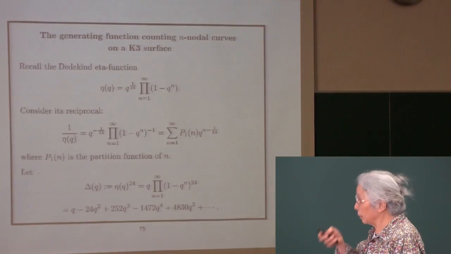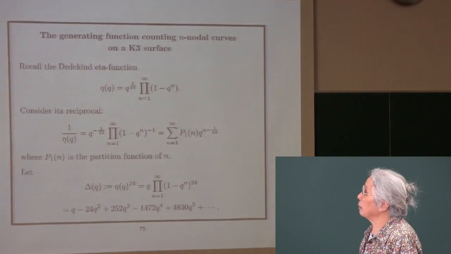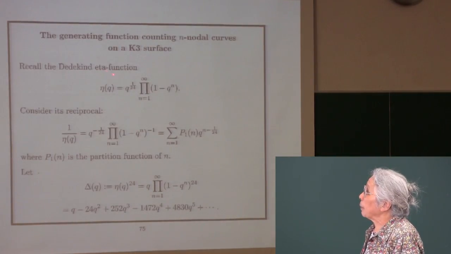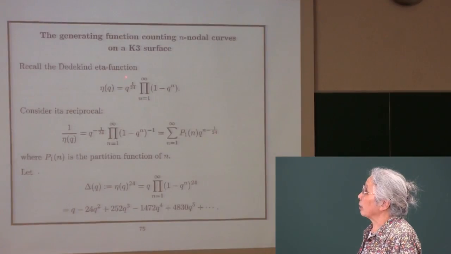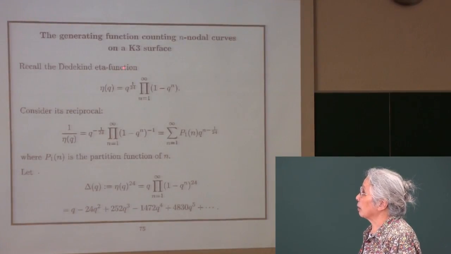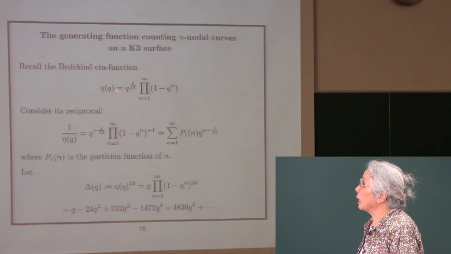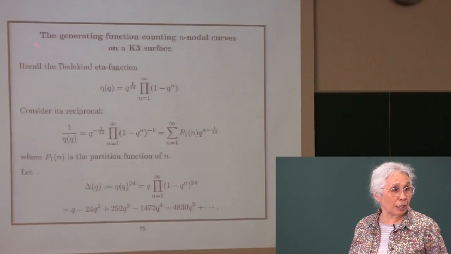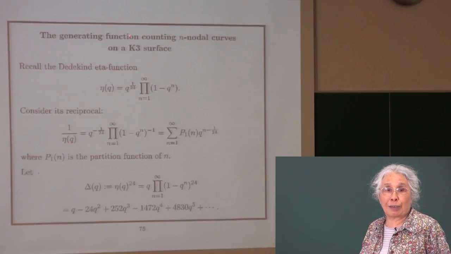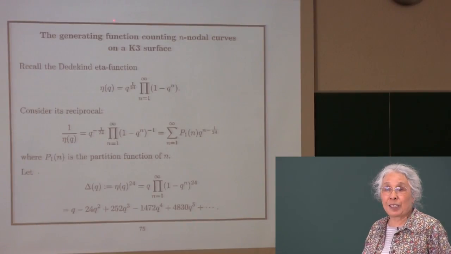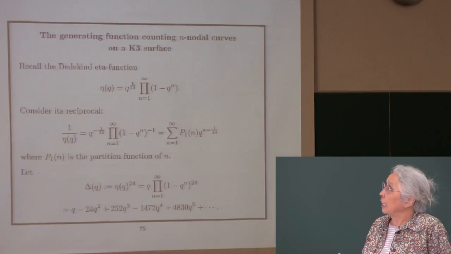So what we'll do is, first we consider the Dedekind eta function. This is a very classical thing. When the Dedekind eta function was defined by Dedekind, I don't think he had any idea this function is so powerful in counting something.